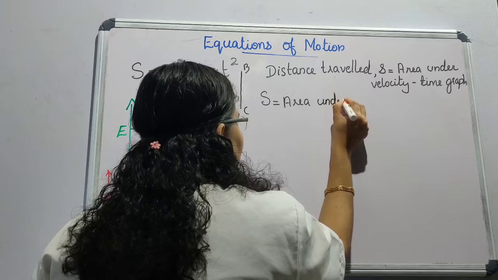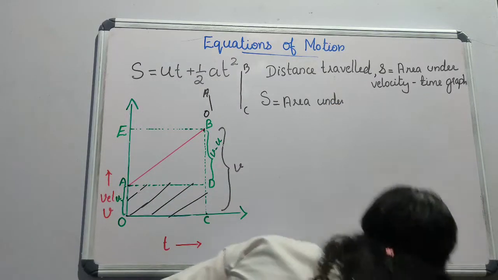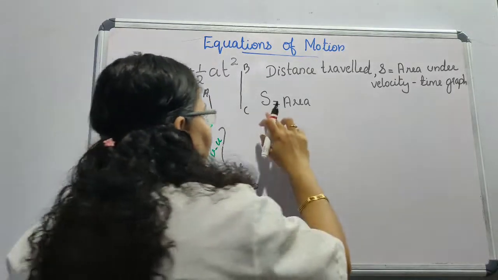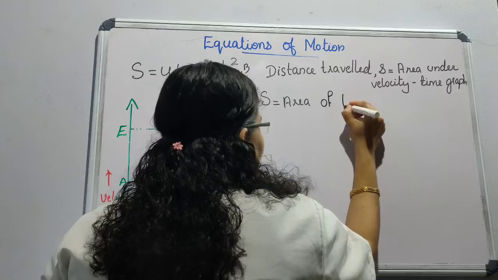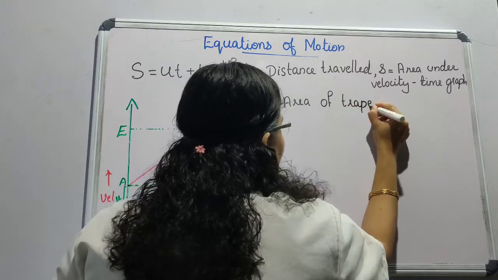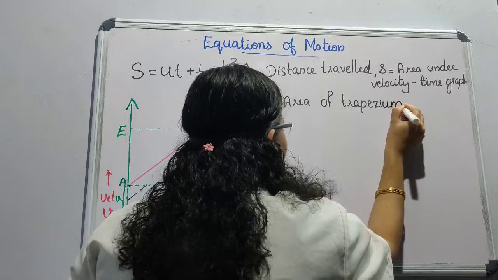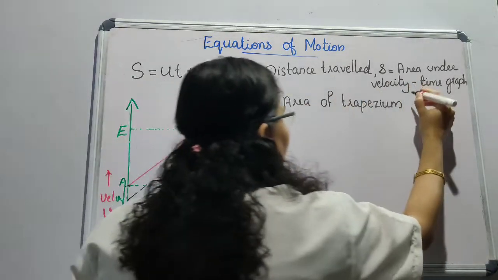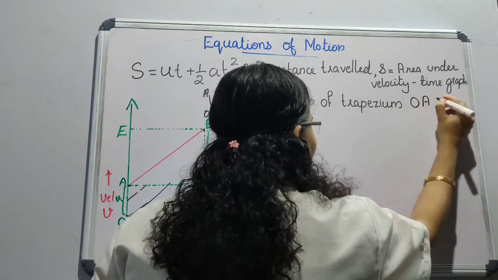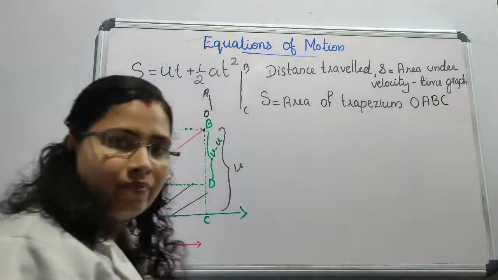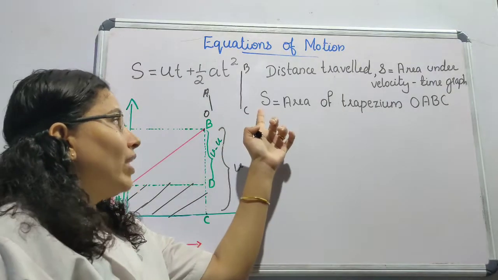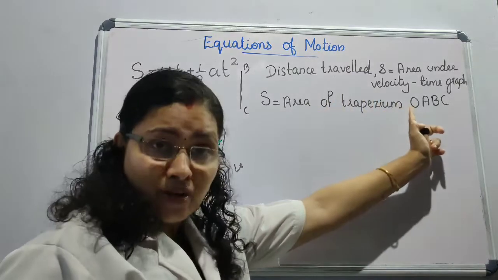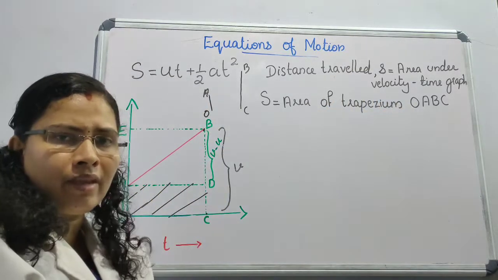So we can write S is equal to the area of the trapezium. What is the name of the trapezium? O, A, B, C. So we can calculate the distance travelled by using the area of the trapezium OABC.